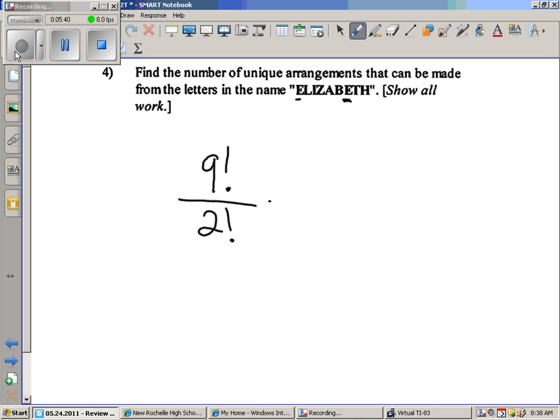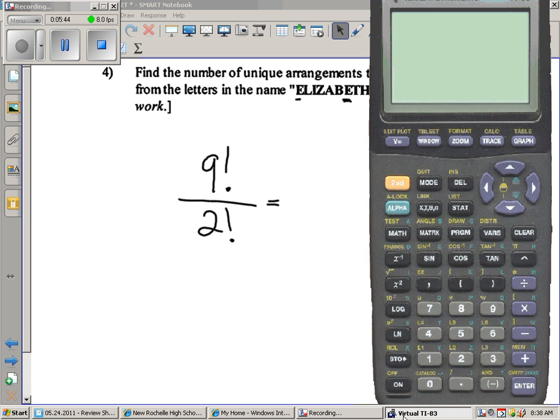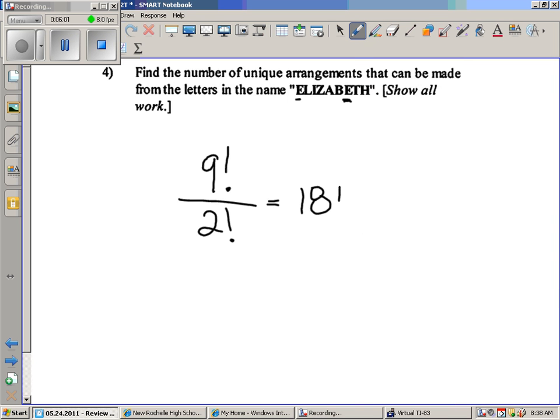So that's it. Everybody know how to punch that into your calculators, though. All right. 9, math. Scroll to factorial, probability, go to factorial. 9 factorial divided by 2 factorial. 181,440. That's it.